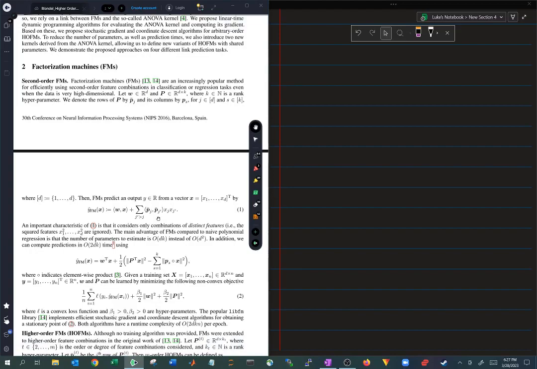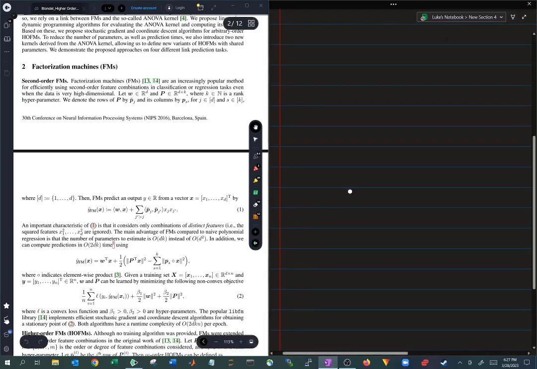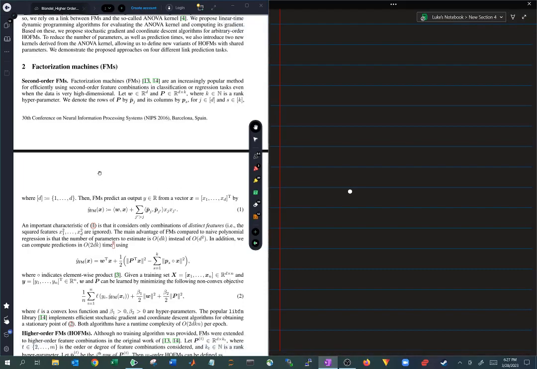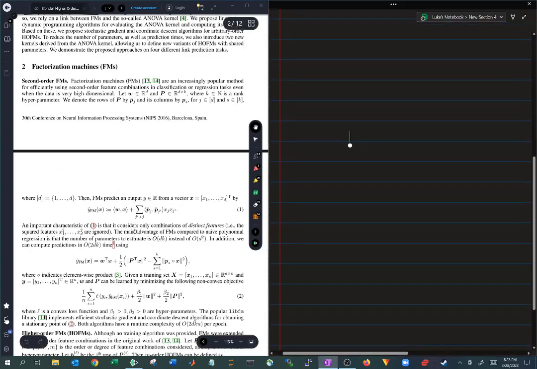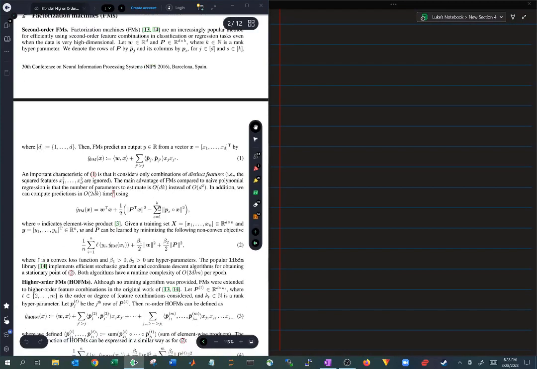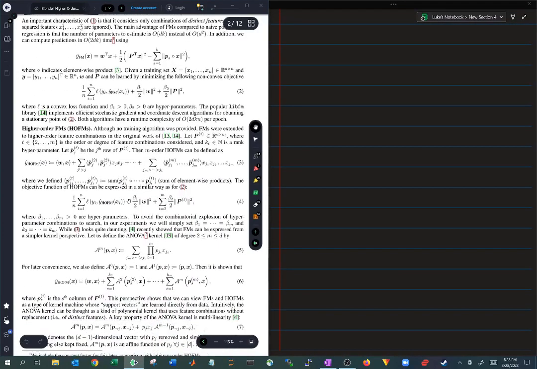I guess this is a little bit confusing with the choice of variables here because in the previous paper, lowercase d referred to how many interactions you were considering. That is a little confusing, but it won't be a big deal here. They say a few things here that aren't as important. But then they go ahead and define higher order factorization machines. And they define it like this.